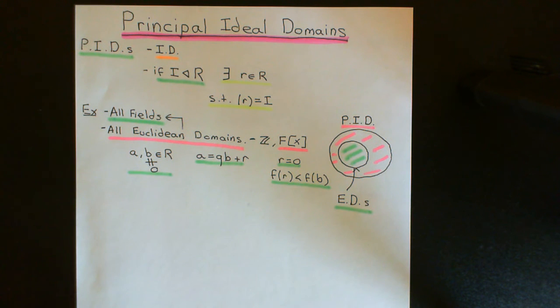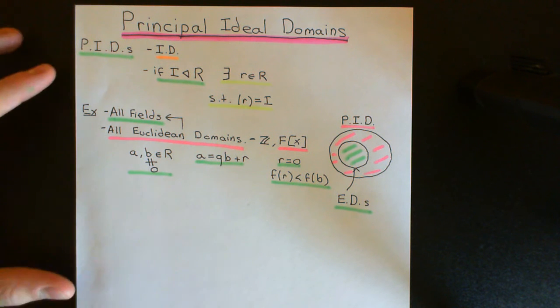This definition goes for any commutative ring, so we can certainly apply it for a principal ideal domain here.